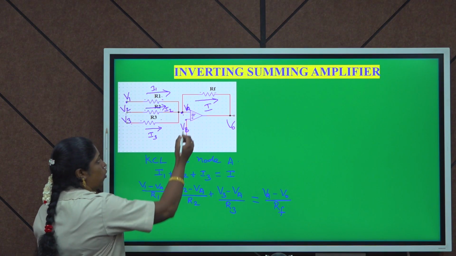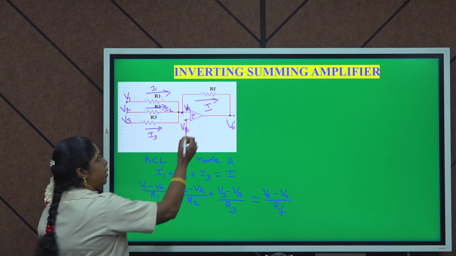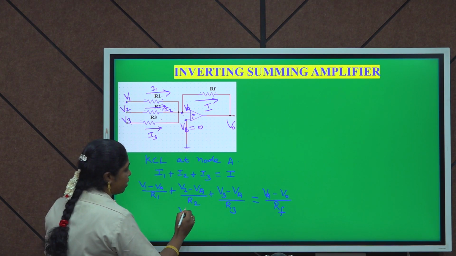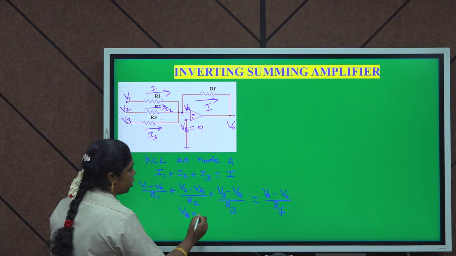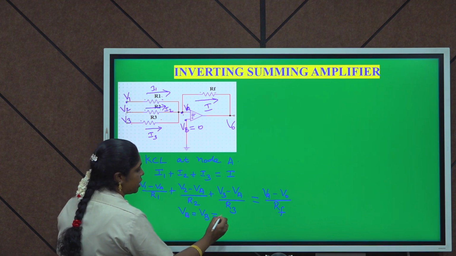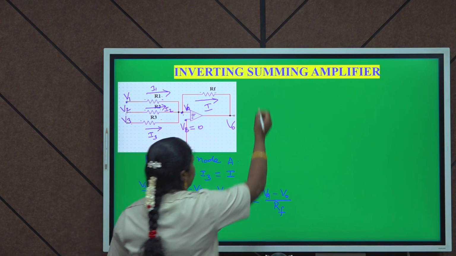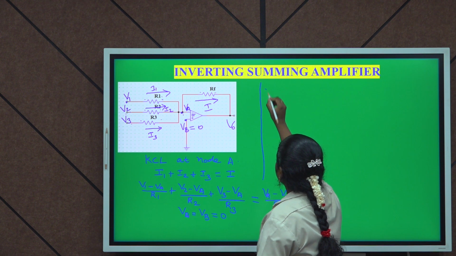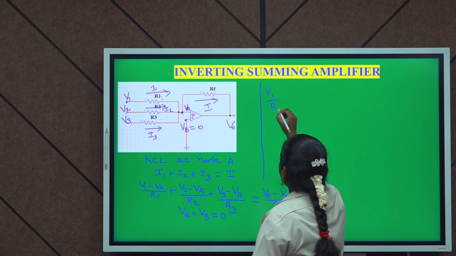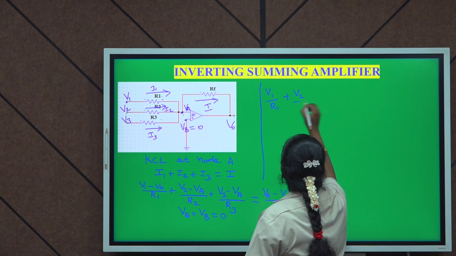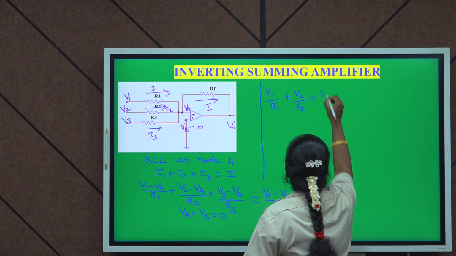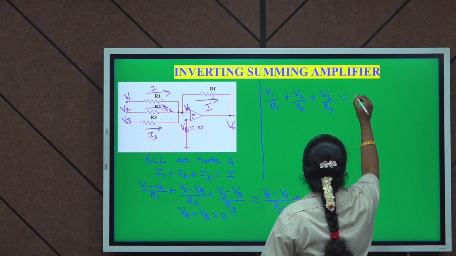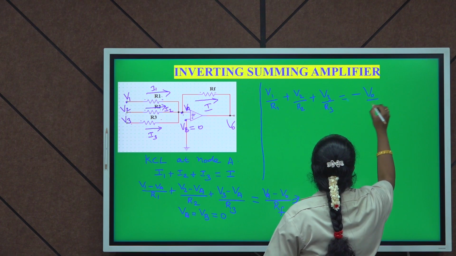According to the virtual ground concept, the potential at VB is equal to 0, which is also equal to VA. So VA is equal to VB, which is equal to 0. So we can rewrite this equation as V1 by R1 plus V2 by R2 plus V3 by R3, which is equal to minus V0 divided by RF.